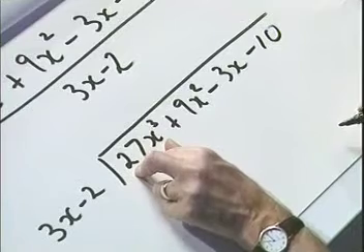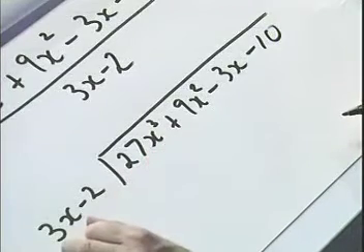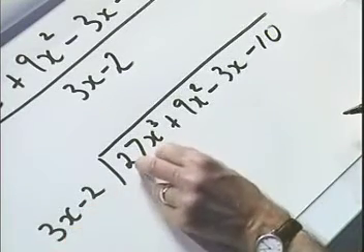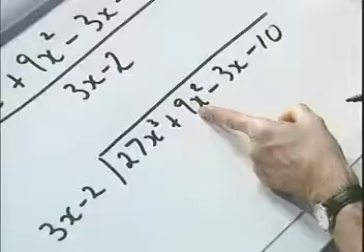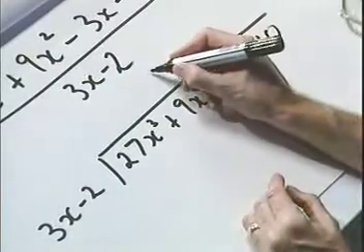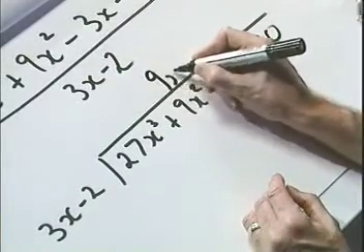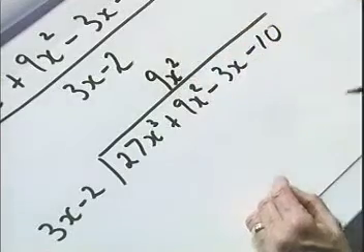And the answer must be 9x squared, because 9x squared times 3x gives us 27x cubed. And we need to record that, but we need to record it in the right place. And because these are the x squareds, we record that above the x squareds.